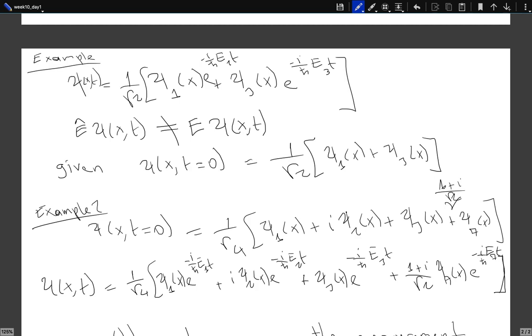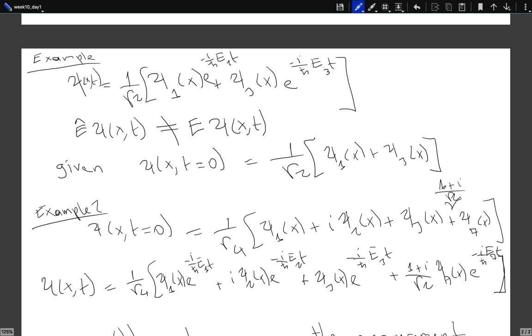What is the coefficient of psi 3, its absolute value? 1 over square root of 4. What is the absolute value of this one? 1 over square root of 4 again.